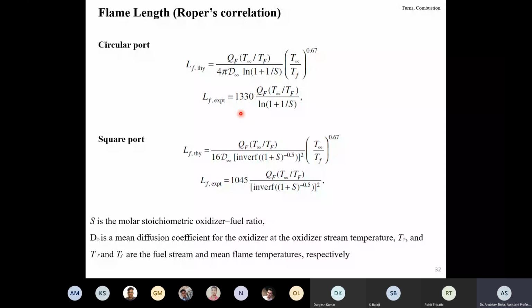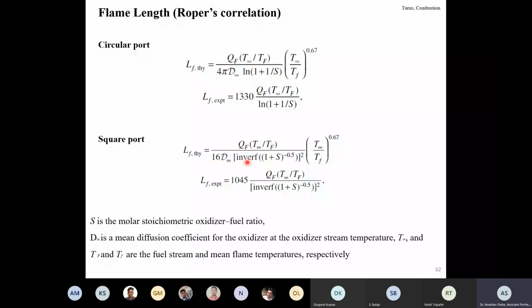Now QF is the fuel flow rate, T infinity is the background outside temperature, TF is the fuel temperature, D is the diffusion constant, and S is the molar stoichiometric ratio. These are just some equations, and this is an inverse function.